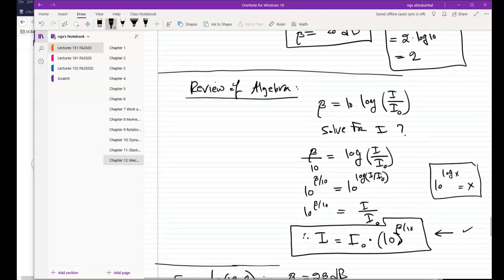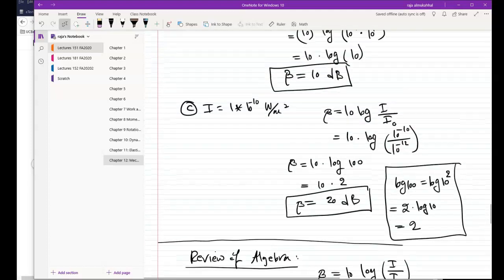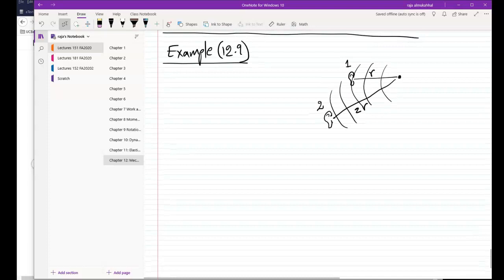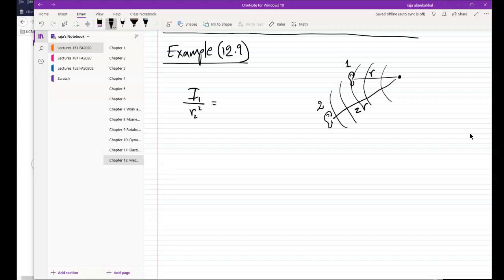Basically the formula says I1 over R2 squared equals I2 over R1 squared. Is that right?